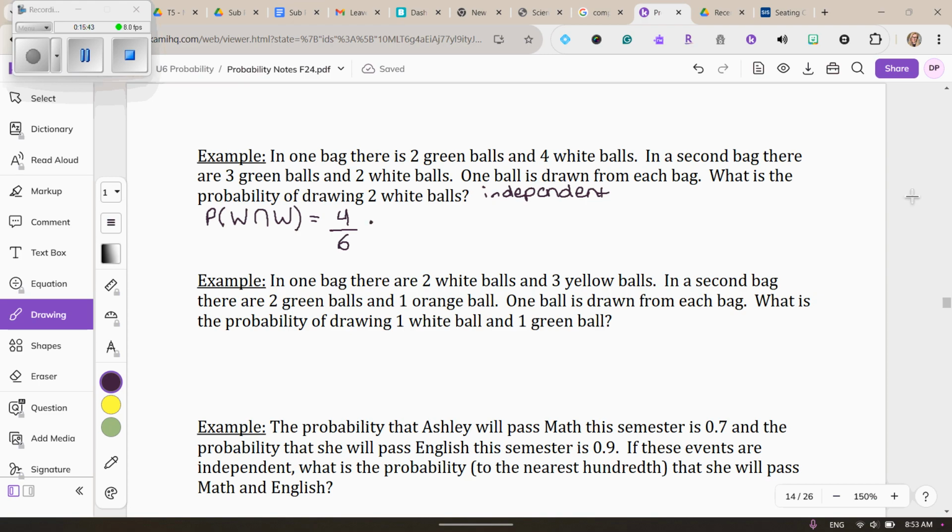And in the second bag, I have 2 out of 5 chances of getting a white ball. Multiply those together, we get 8 out of 30. 4 times 2, 6 times 5, and that simplifies to 4 out of 15. So there's a 4 out of 15 chance that we will get 2 white balls.